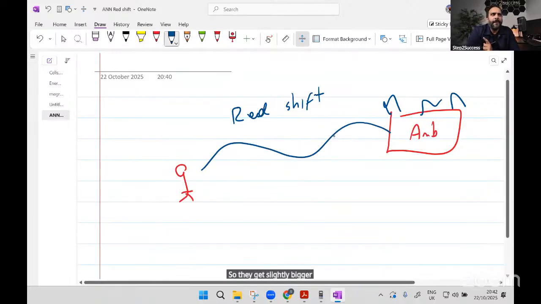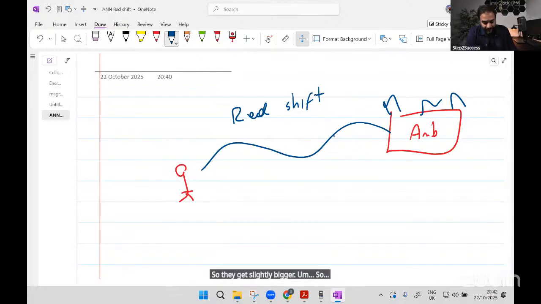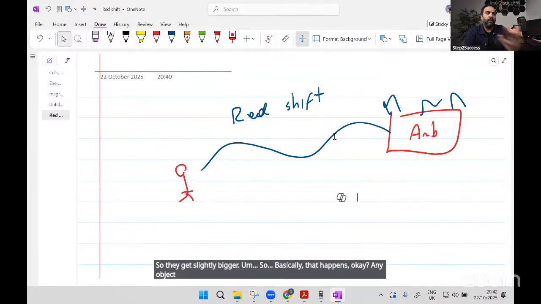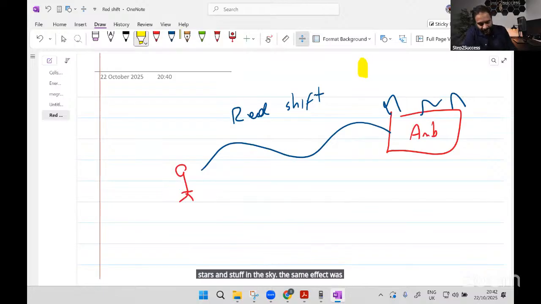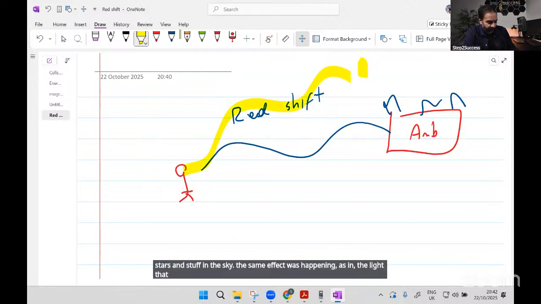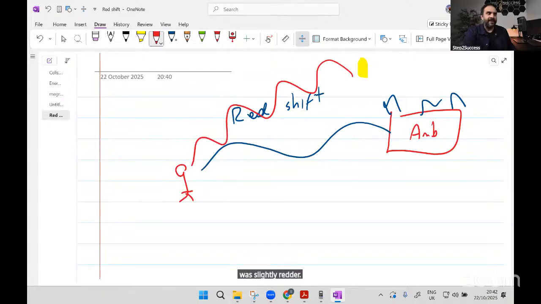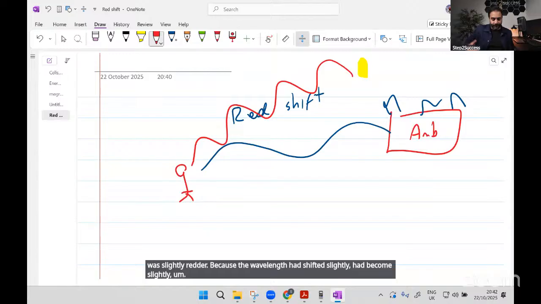So basically that happens. Okay, any object that's traveling away from you, the waves coming towards you shift slightly, and we noticed that as we were looking at stars and stuff in the sky, the same effect was happening, as in the light that was coming from there was slightly redder because the wavelength had shifted slightly, it had become slightly longer.